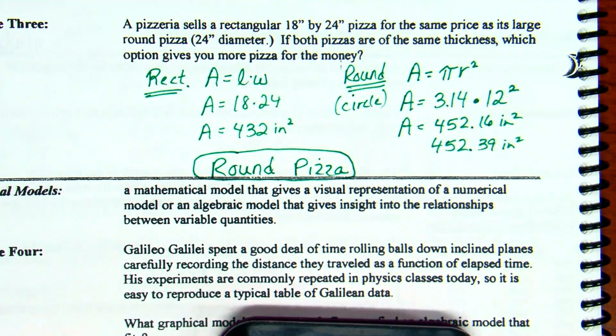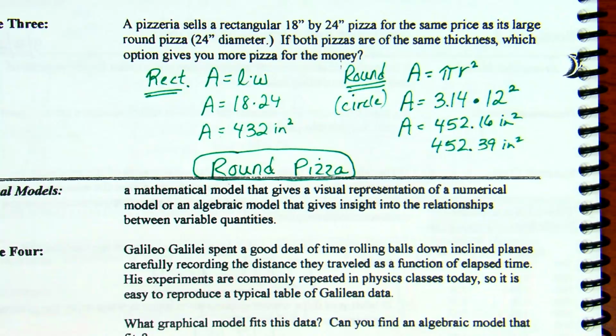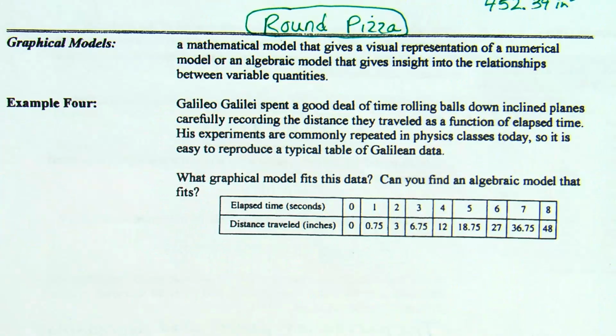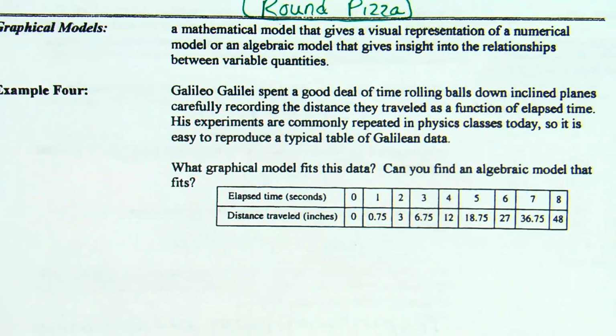I was thinking we had another algebraic, but we don't, do we? That takes us into graphical. I don't know that we'll fully get through example 4, but it's too early to just quit. So we're going to do what we can of example 4, and if we have to pick up awkwardly tomorrow, so be it.